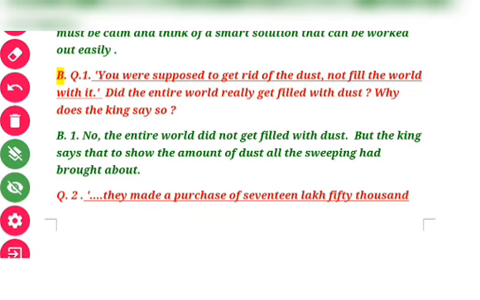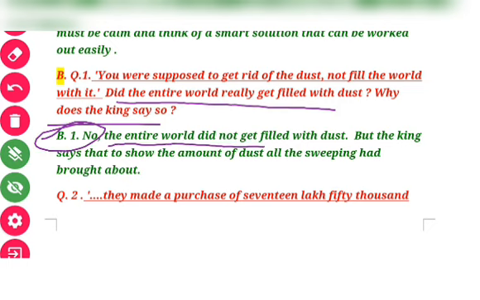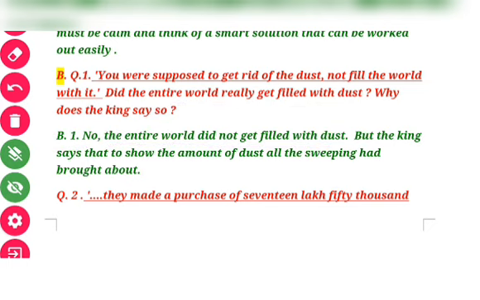First of all, did the entire world get filled with dust? The answer is no, the entire world did not get filled with dust. But the king says that to show the amount of dust all the sweeping had brought about.